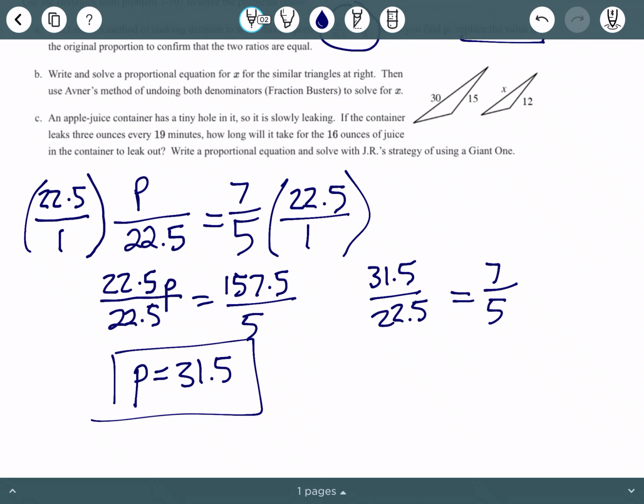It's going to give us 1.4 on this side, and then 7 divided by 5 is also going to give us 1.4. So yes, we can confirm that these two ratios are equal. Alright, let's have a look at part B.